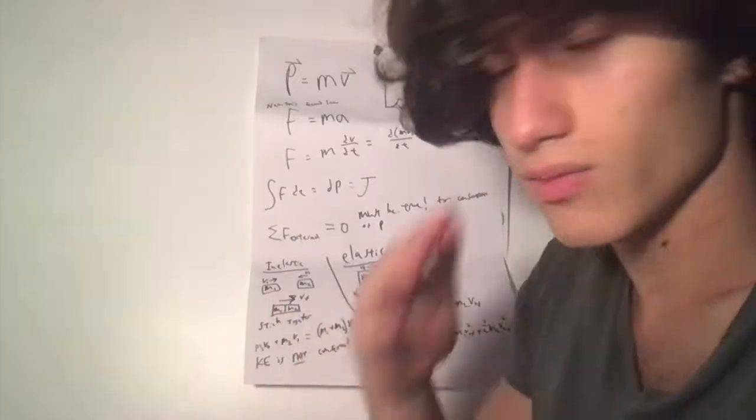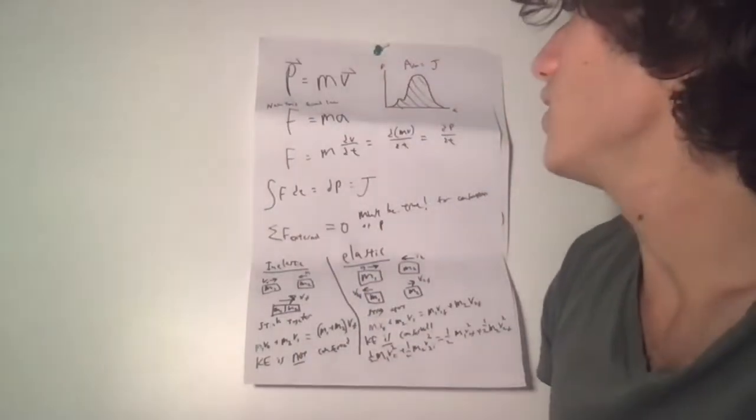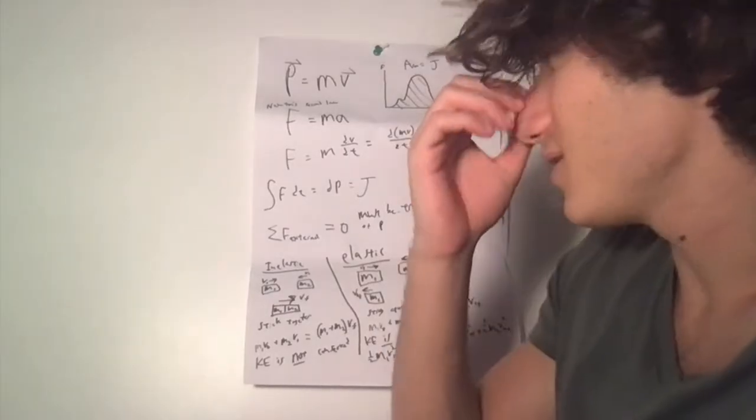Why mv? Well, check this out. We begin with Newton's second law, which is that force is equal to mass times acceleration, which needs a bit more explaining. What is Newton's second law? Well, it basically says that every force that is activated is later going to have an opposite and equal reaction.